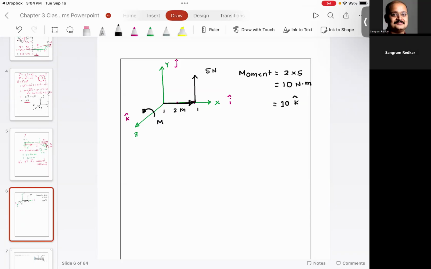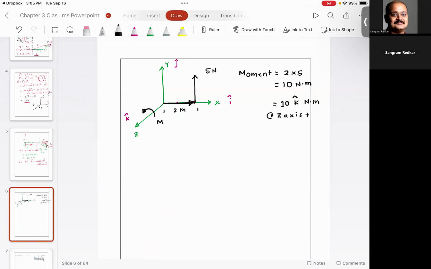Because K is the unit vector in the Z direction. So it goes without saying that this 10K of moment, this is the moment. Moment is always about an axis, so about Z axis. And this moment is positive. Do you agree with me?